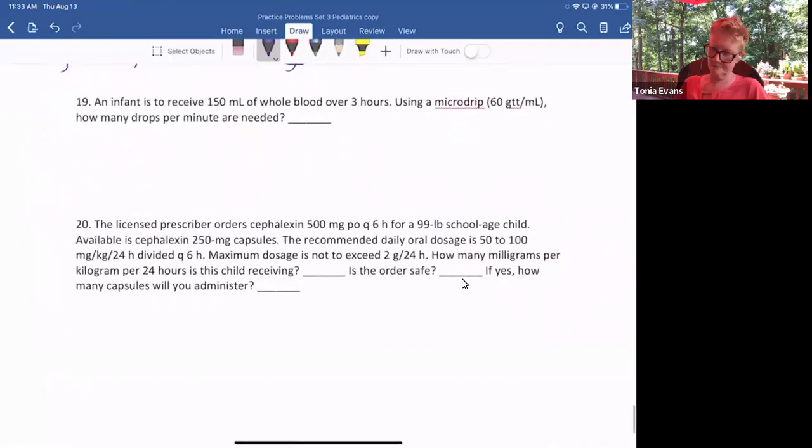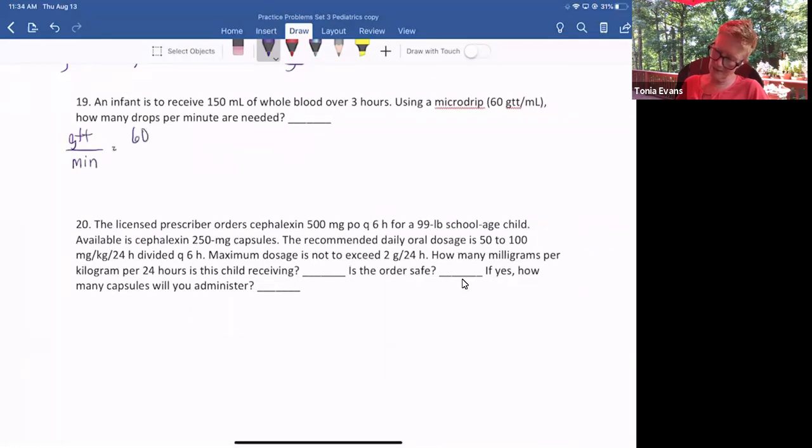All right, so patient is to receive 150 milliliters of whole blood over 3 hours. We're using a micro drip tubing. How many drops per minute are needed? So we want to know drops per minute. We're going to start out with drops.